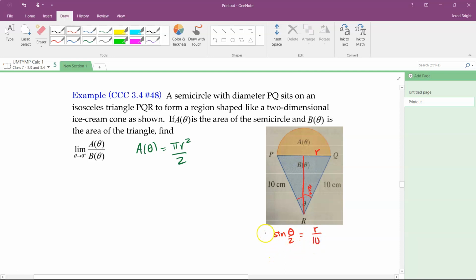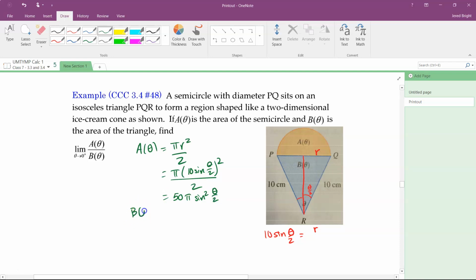So effectively, 10 sine of theta over 2 is equal to r. Okay, so then I can just say that this is pi, and then 10 sine theta over 2 squared all over 2. And simplifying, I get 50 pi sine squared theta over 2.